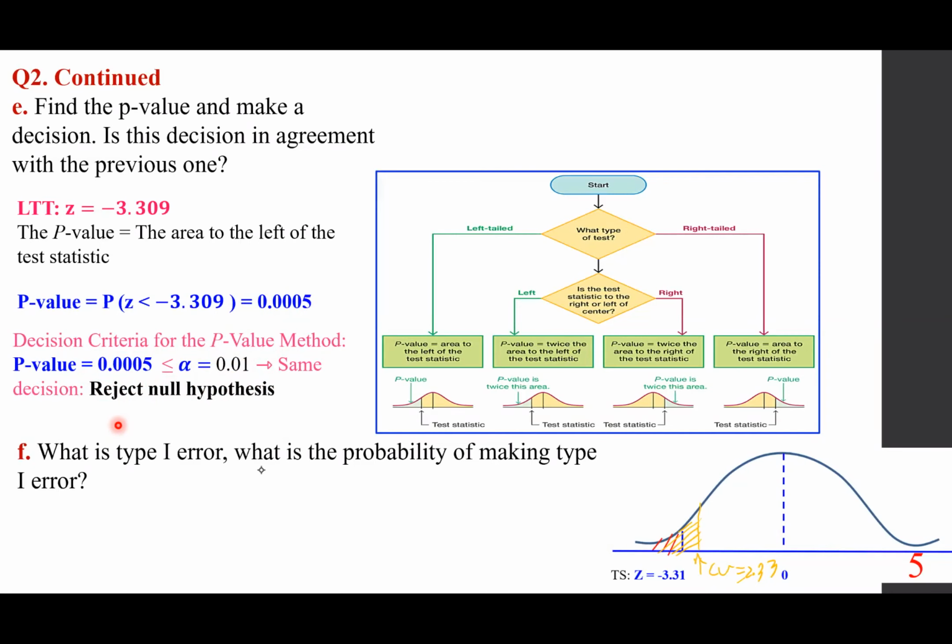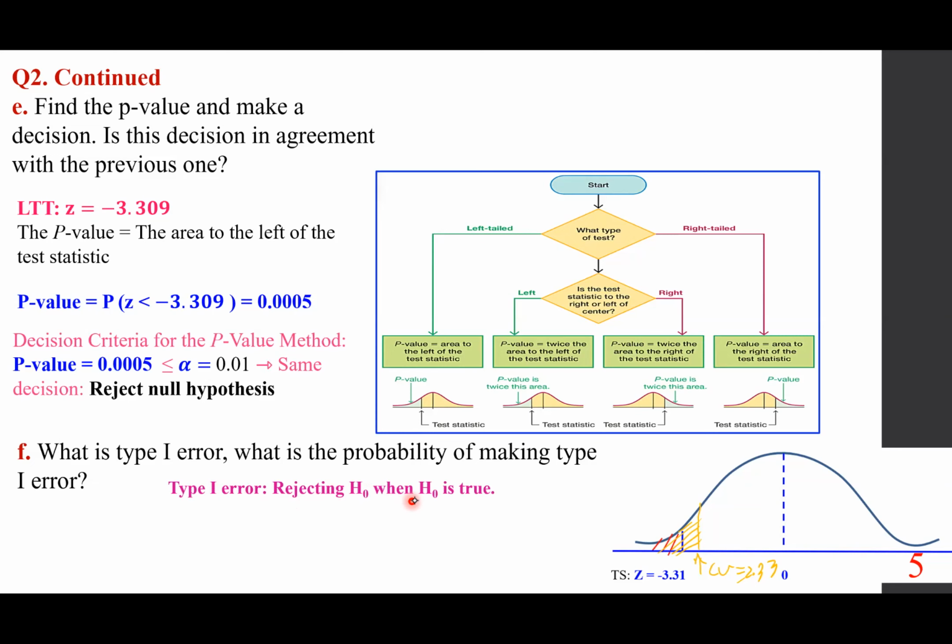What is the type 1 error? What is the probability of making a type 1 error? The probability of making a type 1 error is always equal to the choice of alpha, which happened to be 0.01. But what is a type 1 error? Let's remind everybody: rejecting H0 when H0 is true.